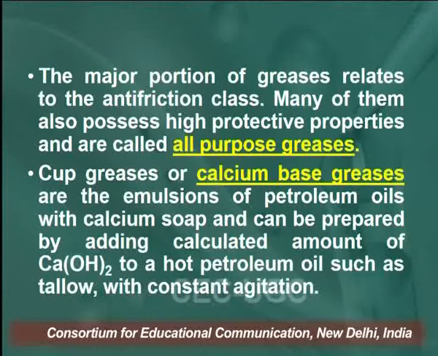Cup greases or calcium-based greases are the emulsions of petroleum oils with calcium soap and can be prepared by adding a calculated amount of calcium hydroxide to a hot petroleum oil such as tallow with constant agitation.